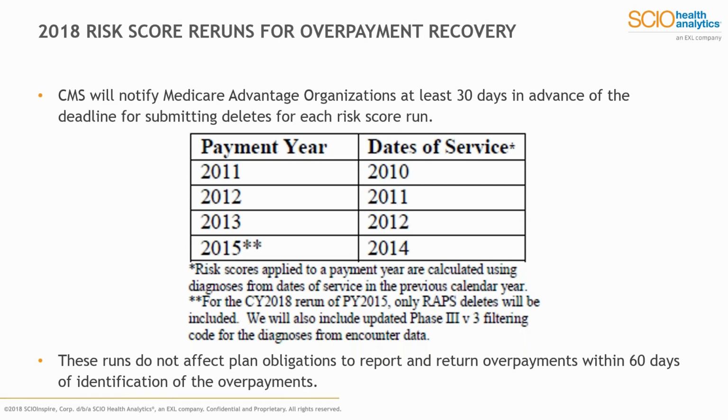You can't go back and add things, but it's interesting. We've seen a big spike in deletes because we have all realized in the industry that it's better to self-police than to get an audit finding and have that error rate extrapolated over your entire payment. So we see a lot of our clients doing many, many more deletes for prior years than we did, say, 5 years ago.